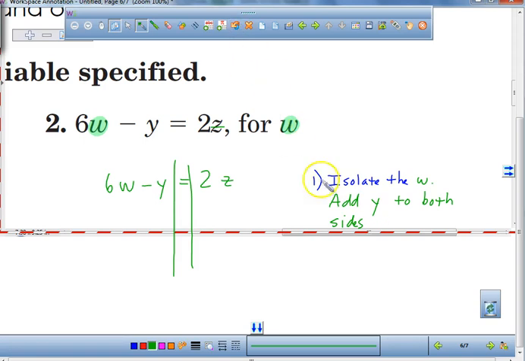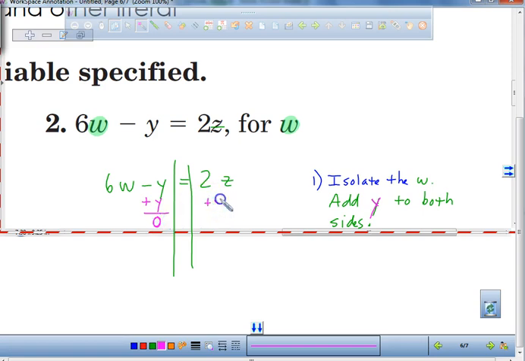You guys know both sides means both sides of the equal sign. So what am I going to add to both sides? I'm going to add the Y. These are additive inverses. What happens when you add additive inverses? That becomes a whole lot of nothing. I'm going to add Y to this side.